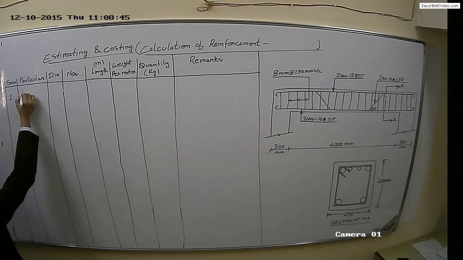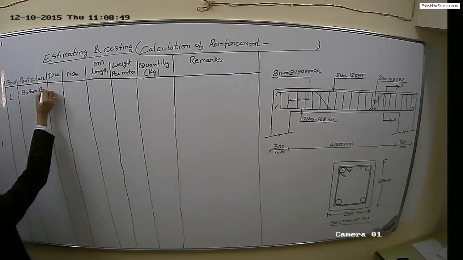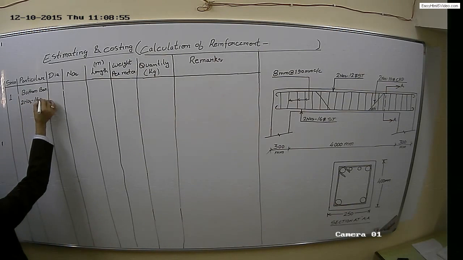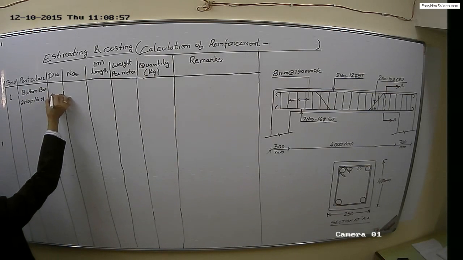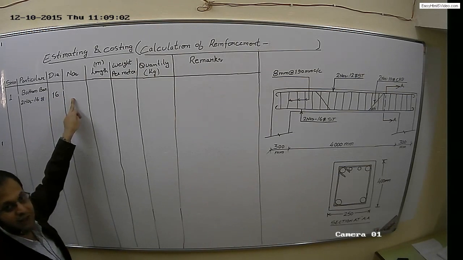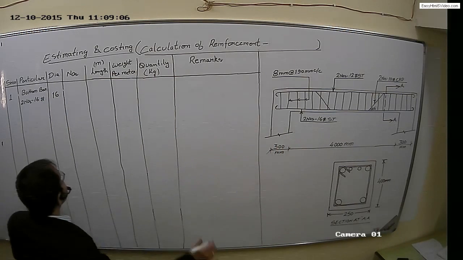So bottom bar, which is two numbers 16 Tor. You have to write here 16 as a dia. Now numbers already shown in the figure, we have two numbers, so this is 2.